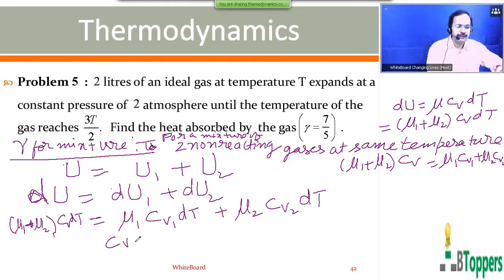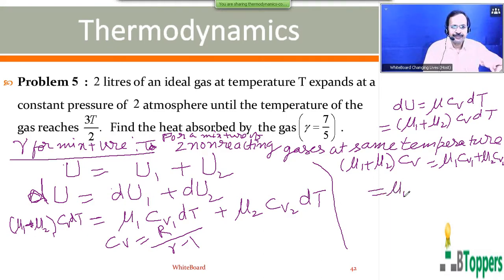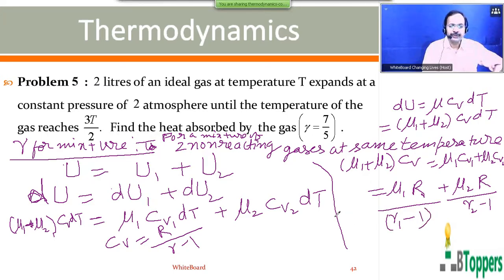So molar specific heat at constant volume in terms of the molar gas constant can be written as R by gamma minus 1. So CV1 can be written as R by gamma1 minus 1, and CV2 can be written as R by gamma2 minus 1. Gamma1 represents the ratio of the molar specific heats at constant pressure and constant volume for the first gas, and gamma2 is the ratio of the specific heats for the second gas.